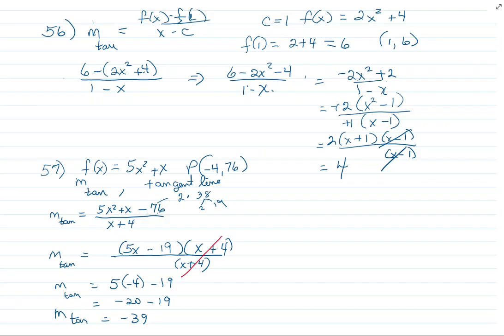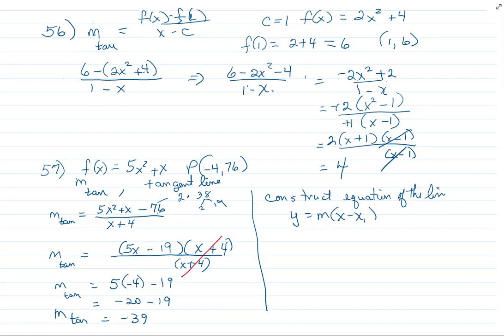Okay, so now we're going to construct the equation of the line. And you use whatever you want. This is what I use. And my point is negative 4, 76, and my slope, my tangent slope, is negative 39. So this makes it a plus 4.